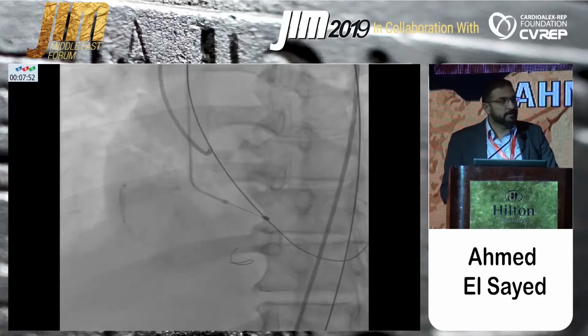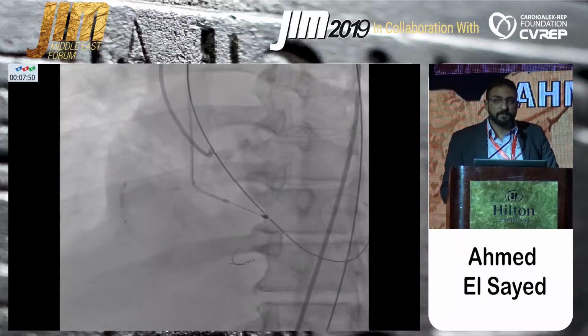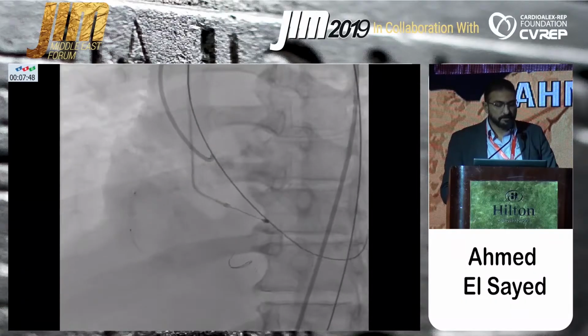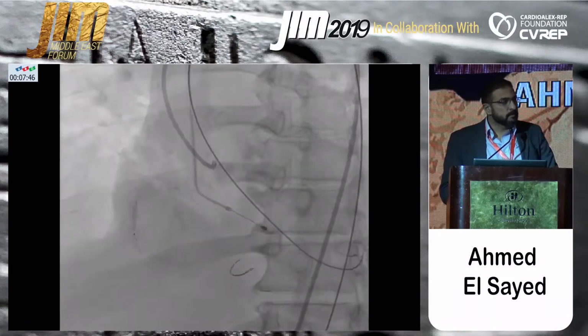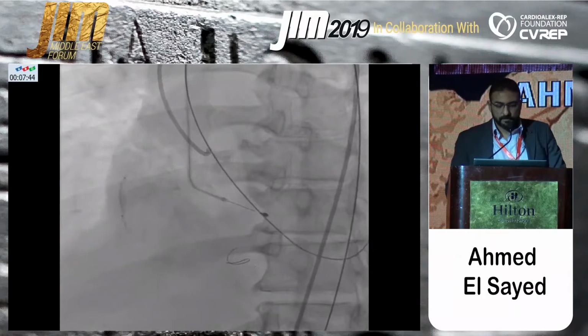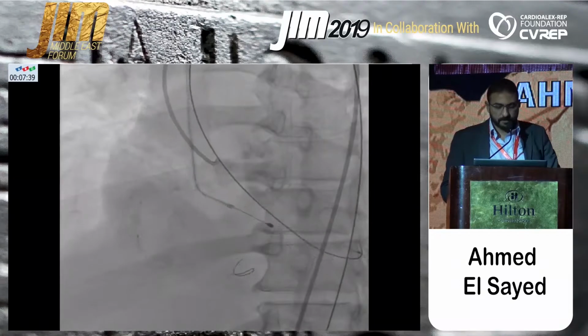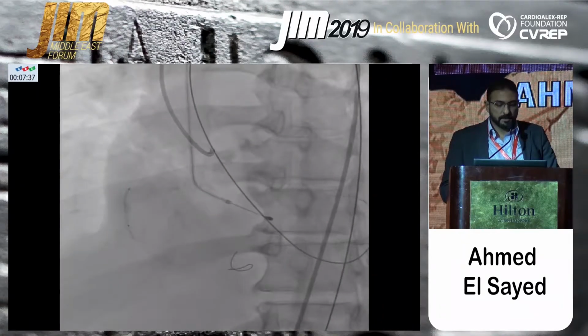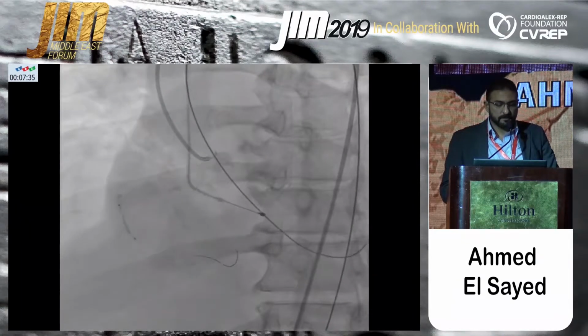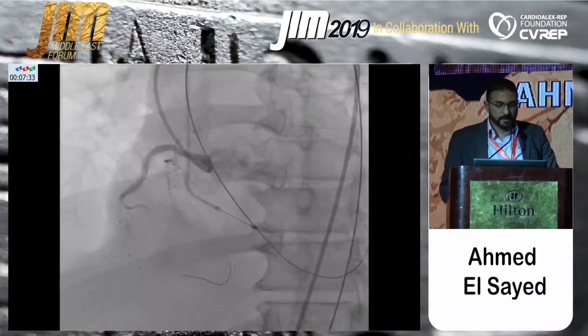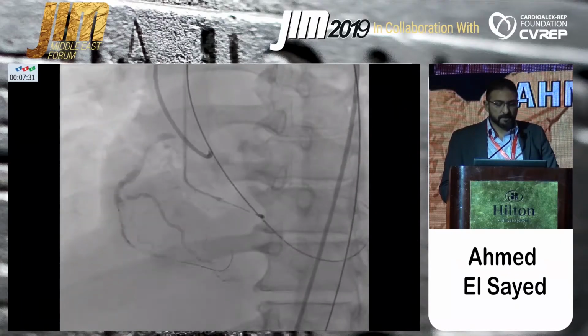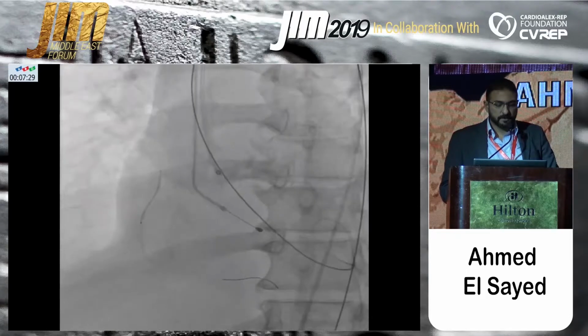A hydrophilic PCI wire was advanced into the distal RCA, and then we took a 2.0 by 15 balloon. After inflation, you can see there is something obstructing the right coronary artery right here.